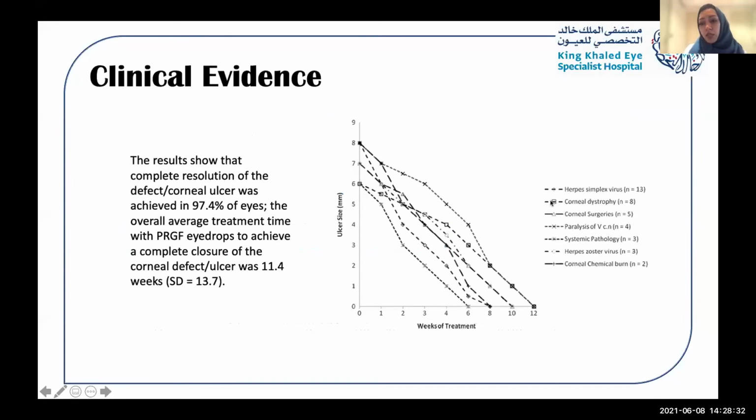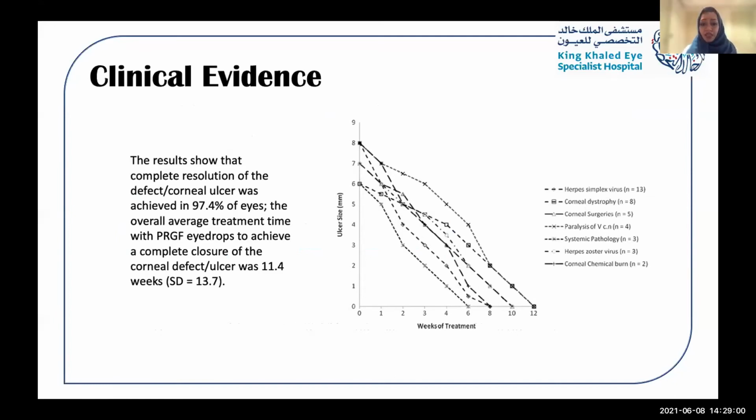The results, of course, here you see the different pathologies. There's herpetic neurotrophic, there's secondary to corneal surgery, secondary to dystrophies, and other factors. The results show that there was complete resolution achieved in 97% of the eyes that were treated with the platelet-rich growth factors.